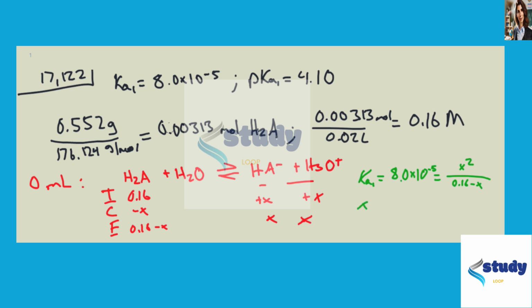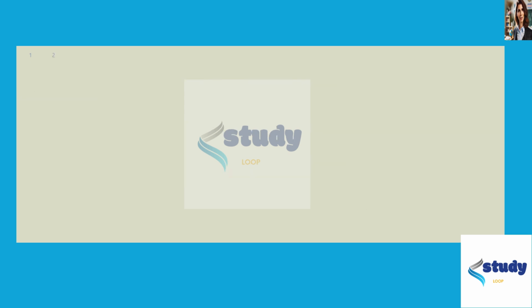And we get X is equal to 3.58 times 10 to the minus 3. And then we can convert this to pH by taking the negative log and getting 2.45. So this is our initial value of the pH in this titration.